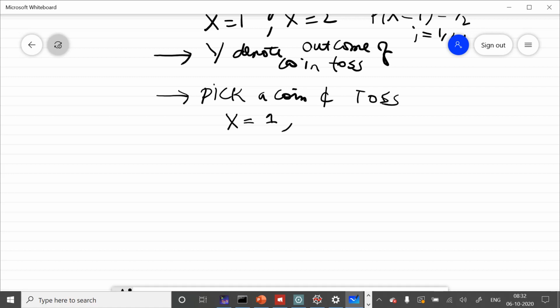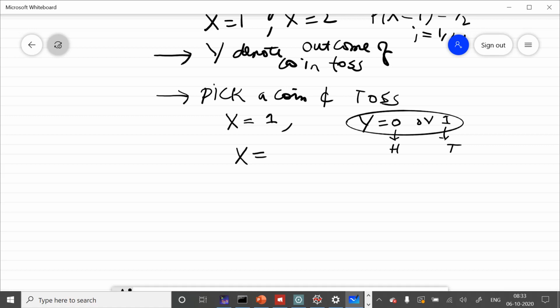Now Y can be 0 or 1. So 0 means, suppose, head, 1 means tail. But the probabilities with which these 0 and 1 appear are different now. Because X equal to 1 means it is a fair coin.